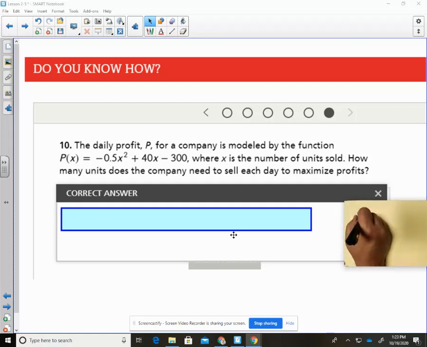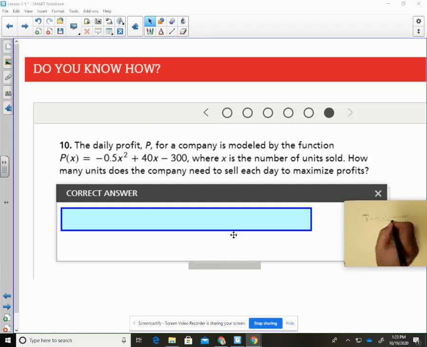So I'm going to just put P of x, that's y, right? Let's go ahead and just change it to y. y equals negative 0.5 x squared plus 40x minus 300.